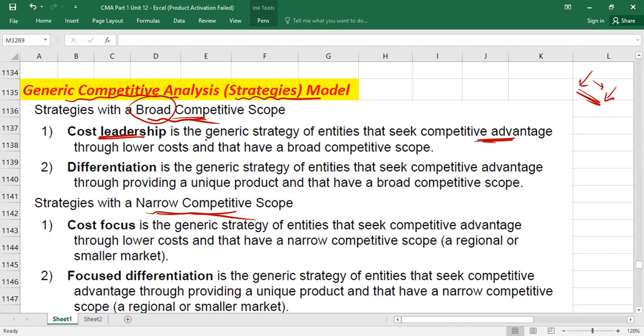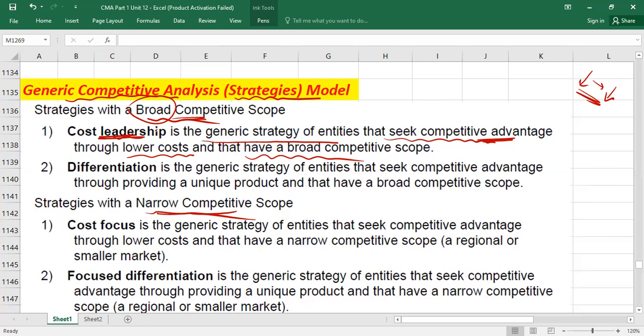So cost leadership is the generic strategy of entities that seek competitive advantage through lower cost and that have broad competitive scope. For example, Chinese companies supply their products throughout the world at low cost. If they follow this low cost strategy throughout the world, that is called cost leadership.